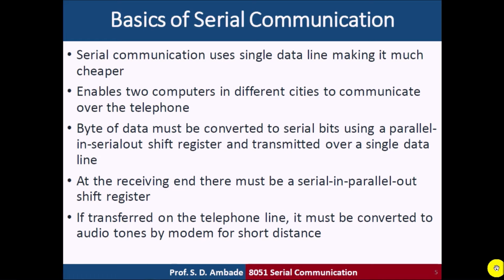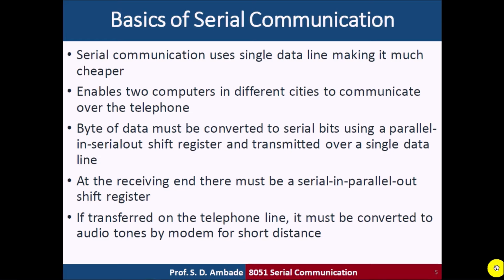Then some basics of serial communication. Serial communication uses a single data line, making it much cheaper. It enables two computers in different cities to communicate over the telephone line. A byte of data must be converted to serial bits using a parallel in serial out shift register and transmitted over a single data line.